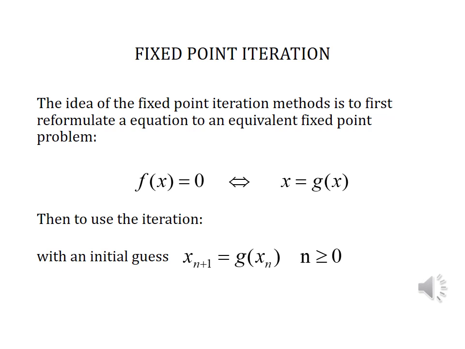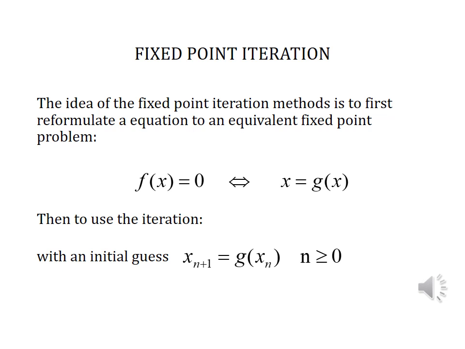To find this solution by using this method, we rewrite the equation in the form of x equal to g of x, and we say x_{n+1} is equal to g of x_n for n greater than or equal to 0. Then we solve. Also, we take an initial value to solve the equation.